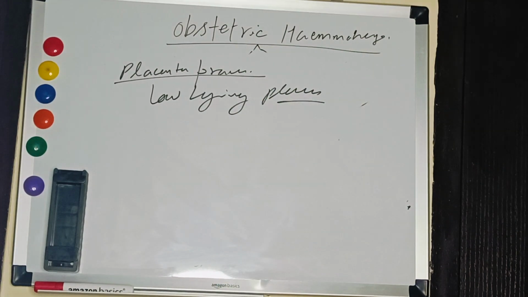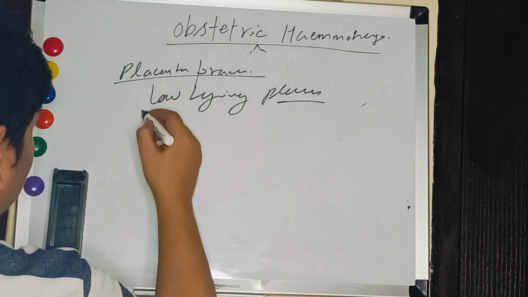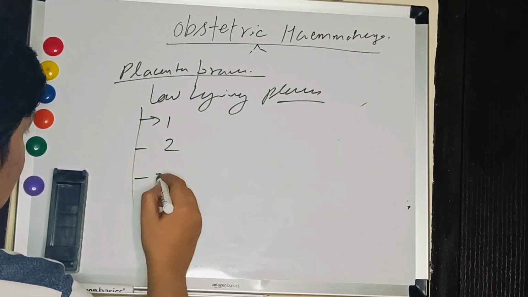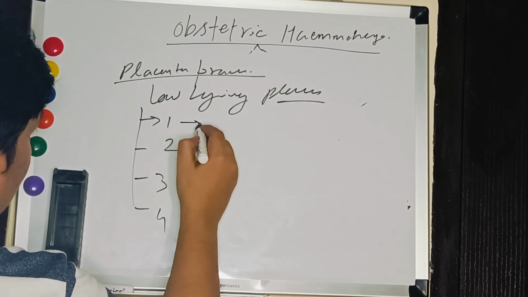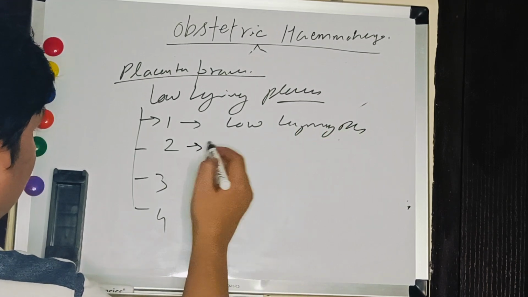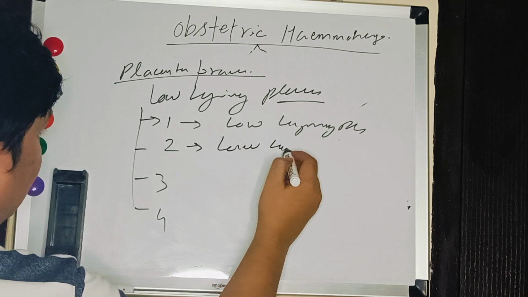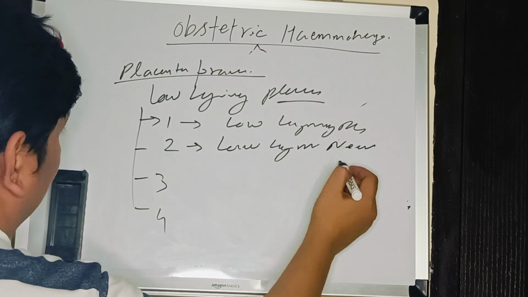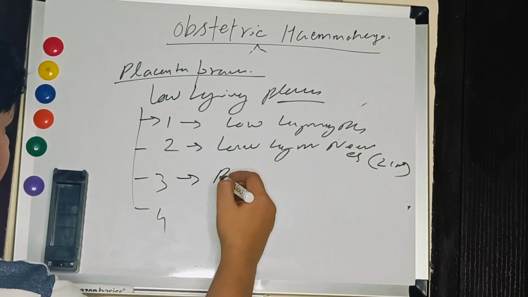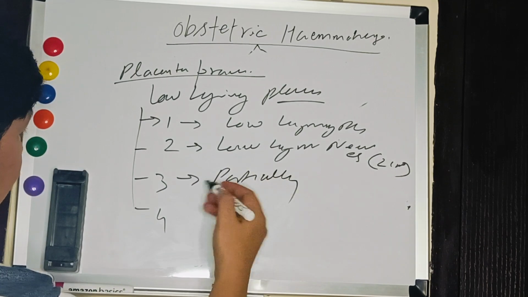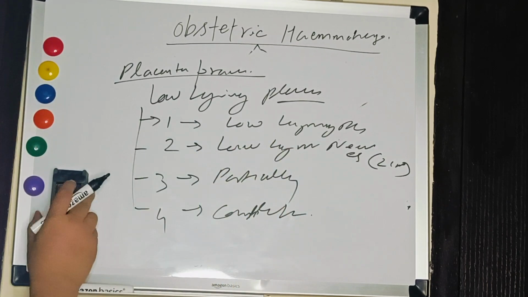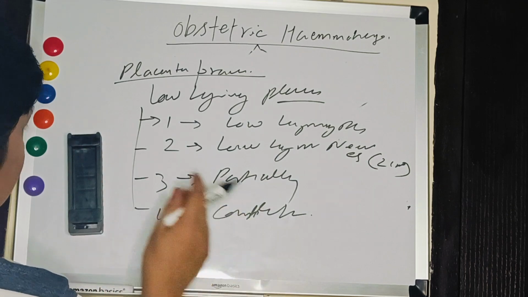It's a very dangerous cause of bleeding or PPH. It can be categorized into 4 categories. One is low-lying placenta. Second is low-lying placenta near the os, around 2 centimeters from the os. Third degree is partially covering the os, and in the 4th grade the complete os is covered.